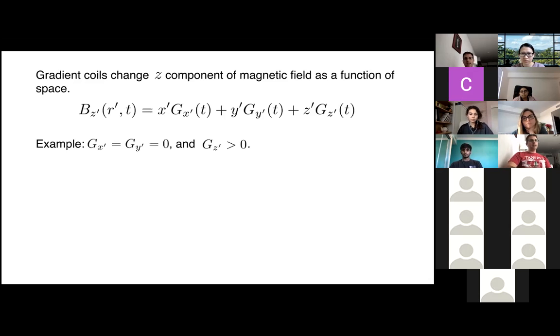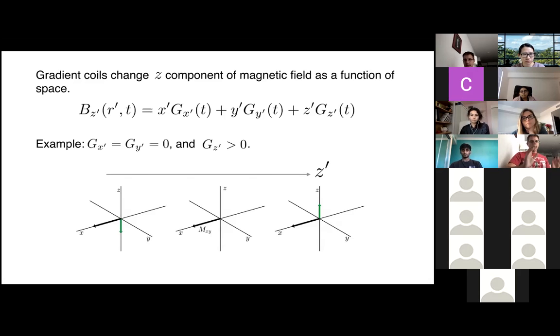So in this example now, GX and GY will be off and GZ will be on. That's the Z prime direction. Here I've got 3 different particles, and you see the red arrows. At the very center, because Z prime is 0, there is no external magnetic field. So in the rotating frame, that arrow is not going to move.